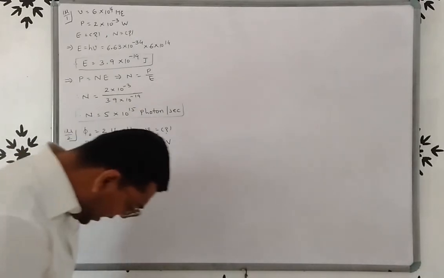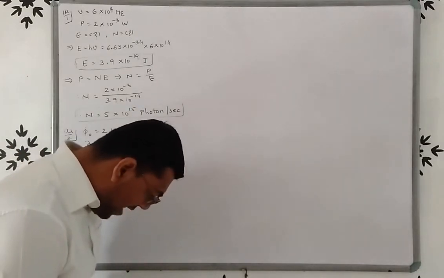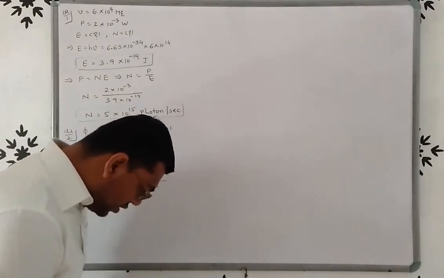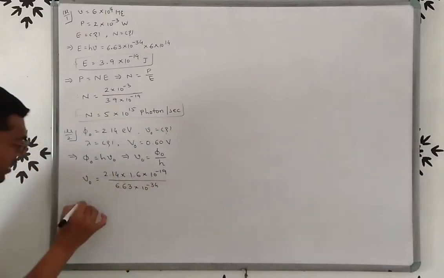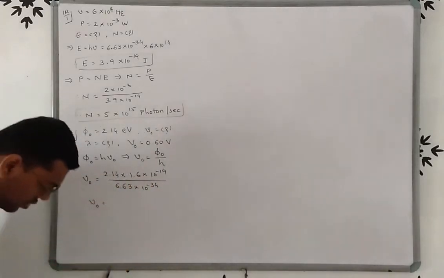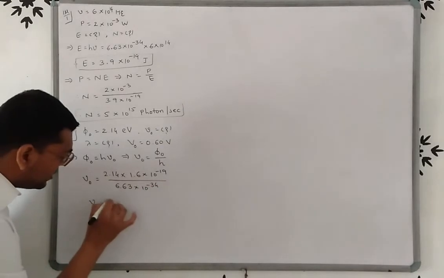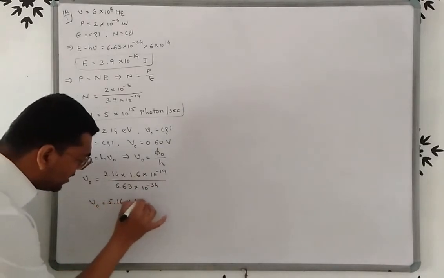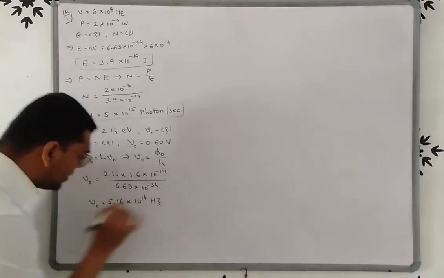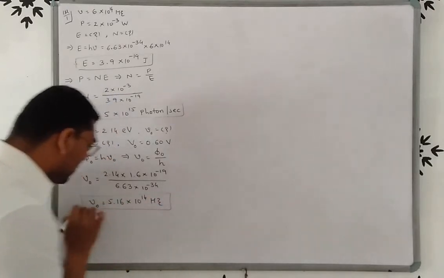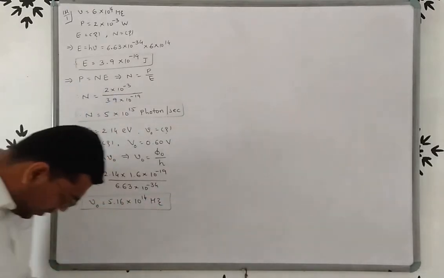So you will get nu 0 equal to 5.16 into 10 raised to 14 hertz, right?